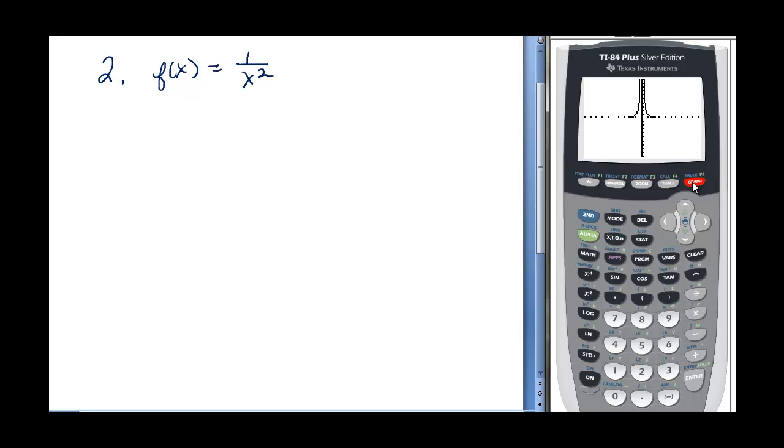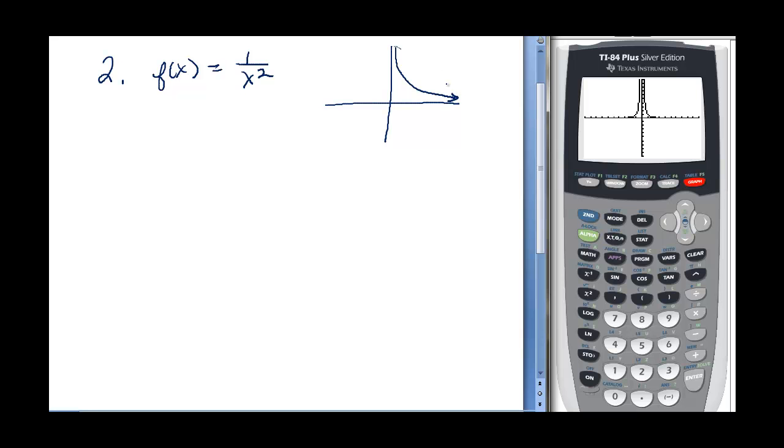Here I have something that looks like this. And this is typical for an x squared situation, because when you think about that, I'm squaring my denominator.